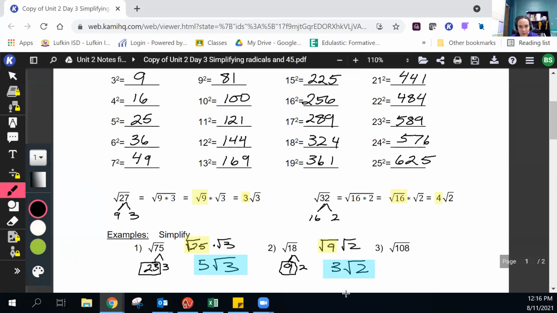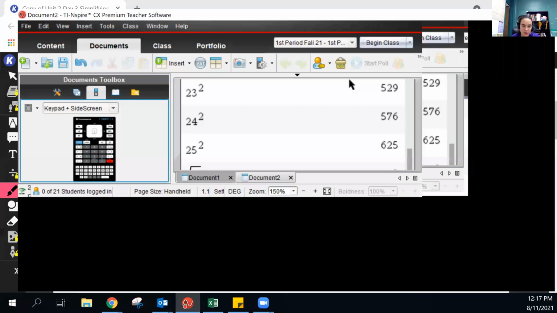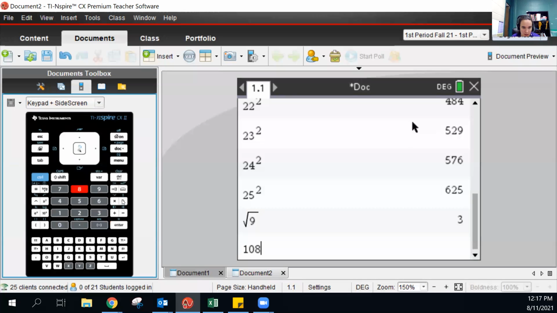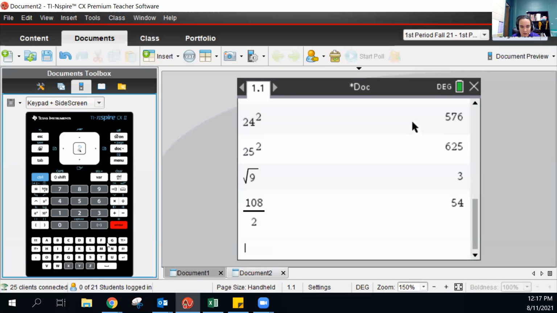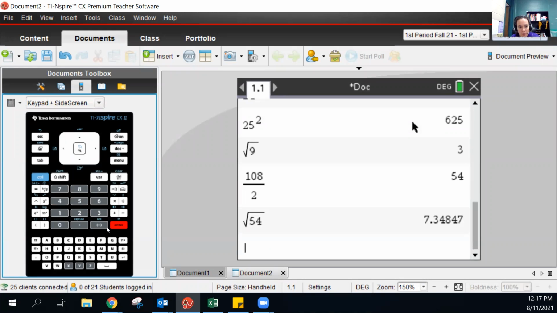Our next one, we have square root of 108. Is 108 divisible by 2? Yes, it is. And we get 54. Does 54 give us a perfect square? No. So we don't want to stop at 2. We're going to take 108.